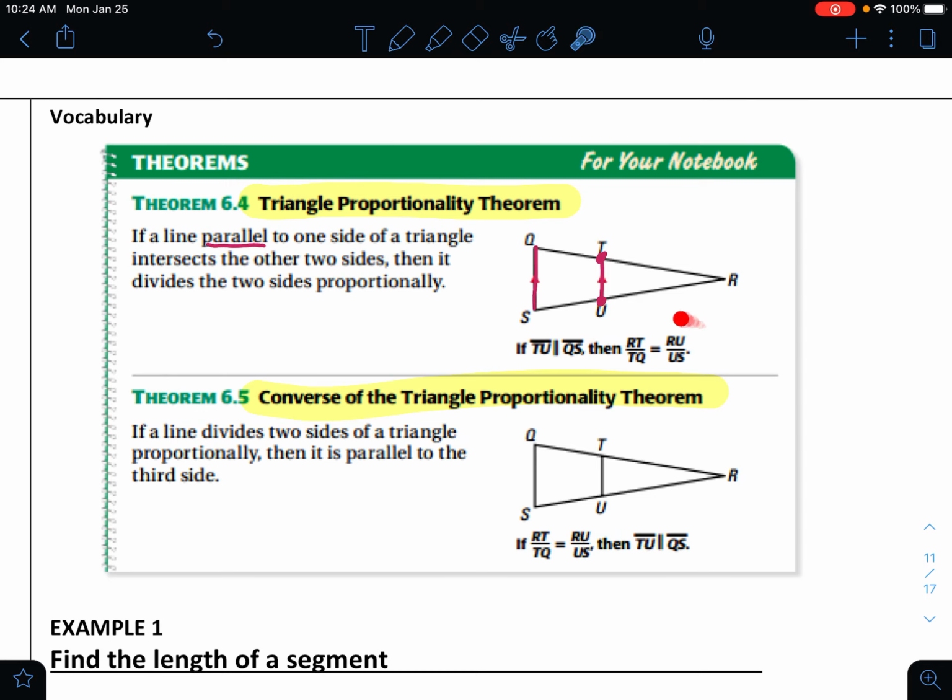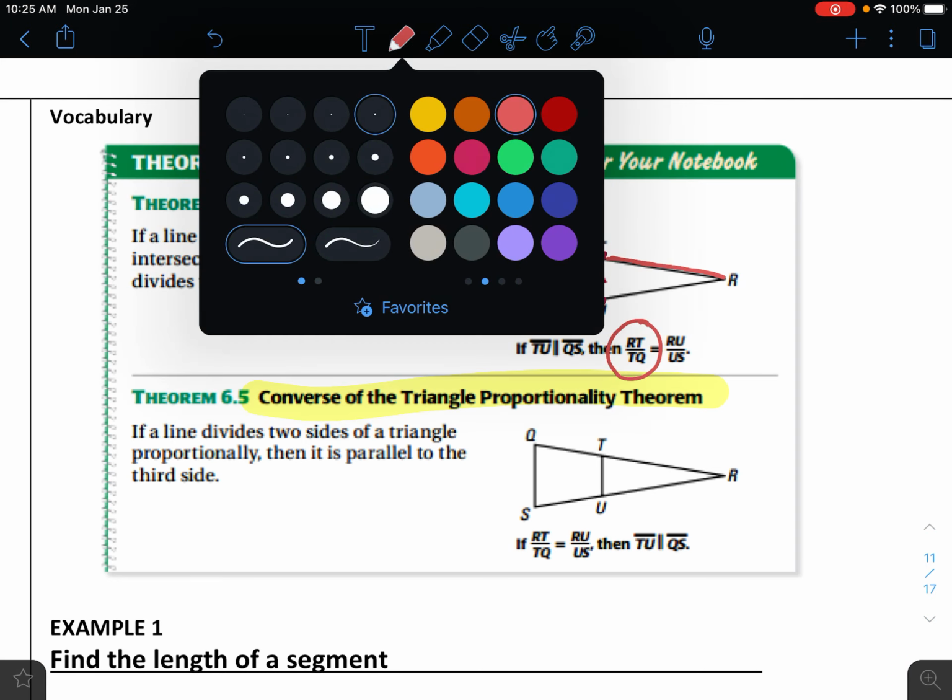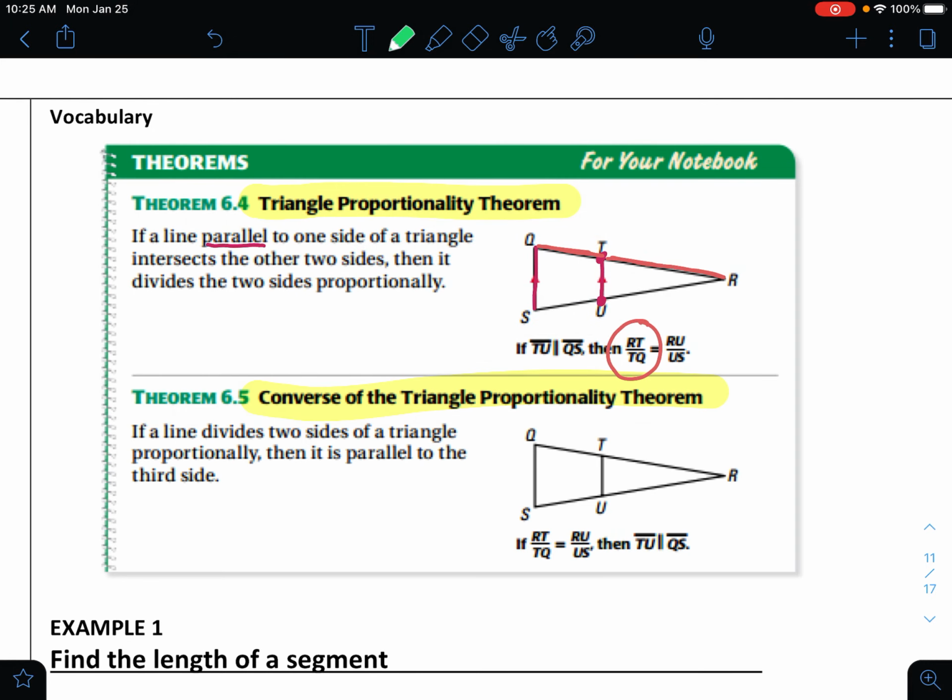And so what that means is if we look at this proportion right here, and let me color code a little bit. If we put RT in a ratio with TQ, that's this ratio right here, it's proportional to the other side split.